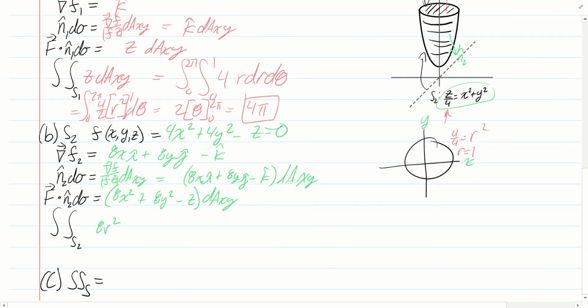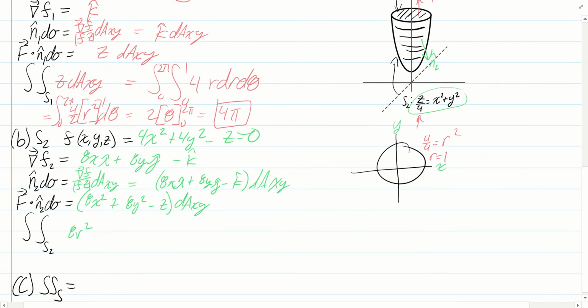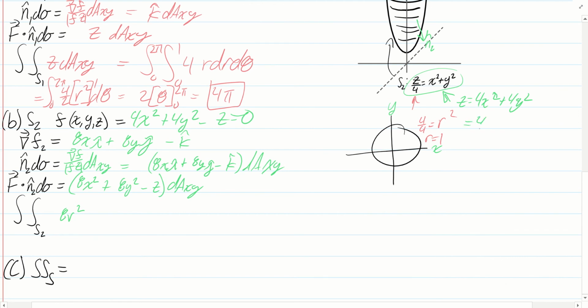Z, go back up to z. We need to figure out what we can plug z in as. So z, if we were to solve for z over here, again, use the surface. So z equals 4x squared plus 4y squared. So we can plug in essentially 4r squared into here. So we have minus 4r squared dA, which is r dr d theta.